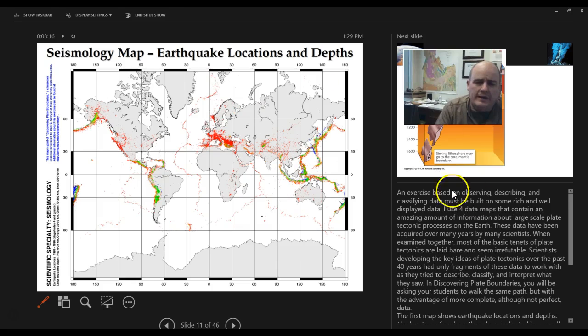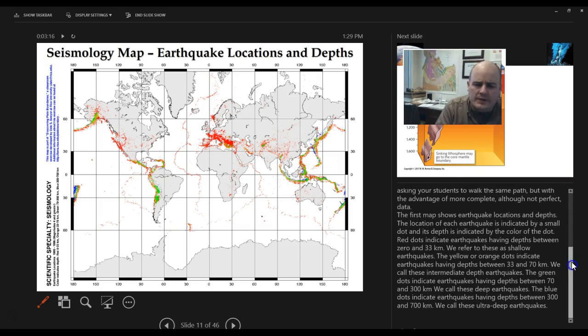The location of each earthquake is indicated by a small dot, and its depth is indicated by the color of the dot. The red dots indicate earthquakes with depths between 0 and 33. The yellow and orange indicate depths between 33 and 70. The green is 70 to 300, and the blue is 300 to 700.